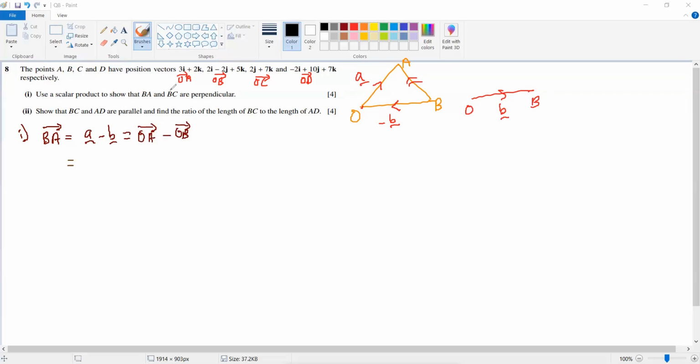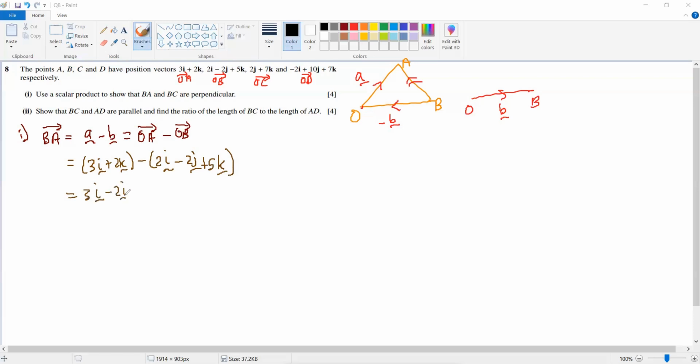So this is just taking OA, that means 3I plus 2K, minus OB in brackets. Just don't forget the bracket. So 2I minus 2J plus 5K. So 3I plus 2K, I simplify this, open the bracket up, regroup.